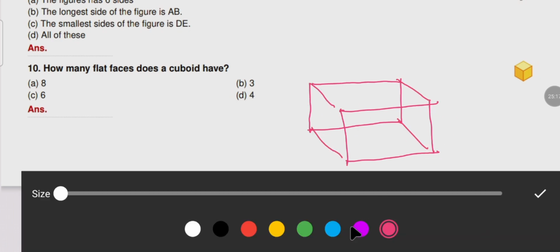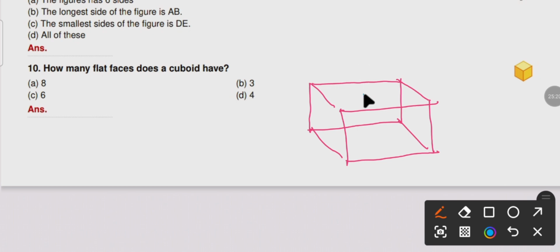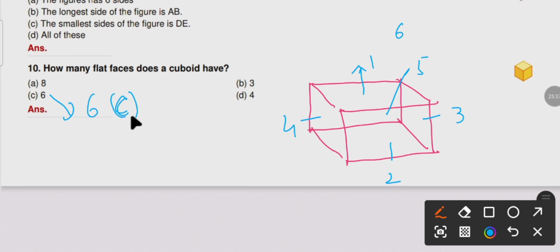Okay, so count 1 2 3 4 5, and the back side of this is 6. So how many faces? There are 6 faces. C option is the right option.